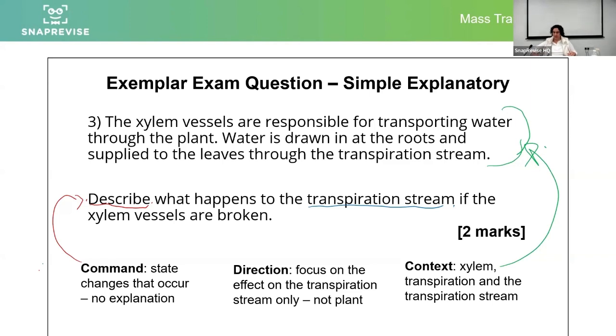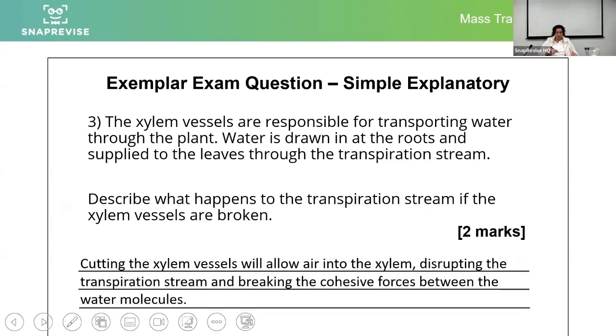Okay, let's look at the answer together. Cutting the xylem vessels will allow air into the xylem, effectively disrupting the transpiration stream and breaking the cohesion forces between the water molecules.